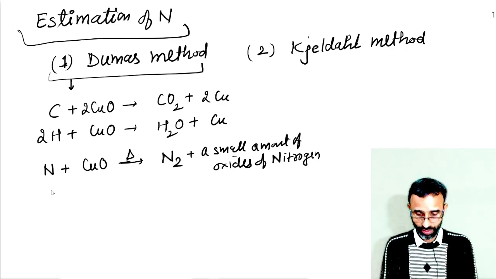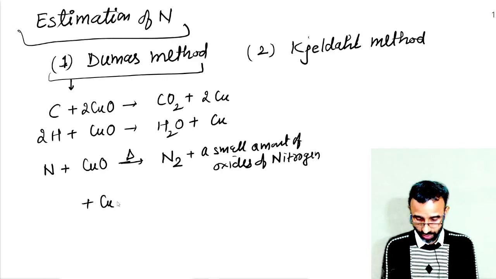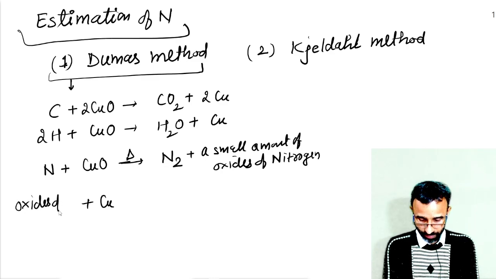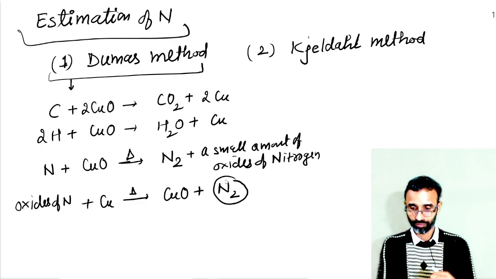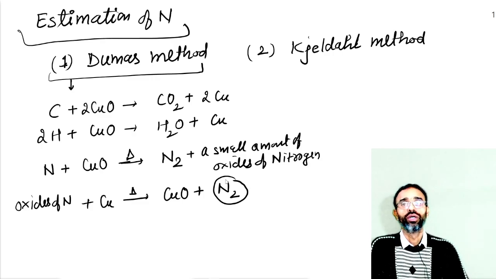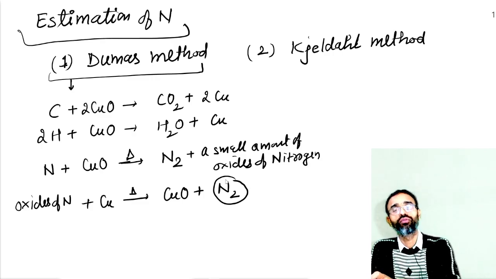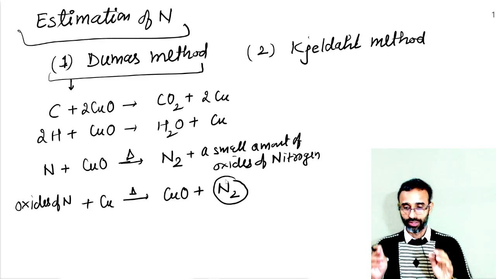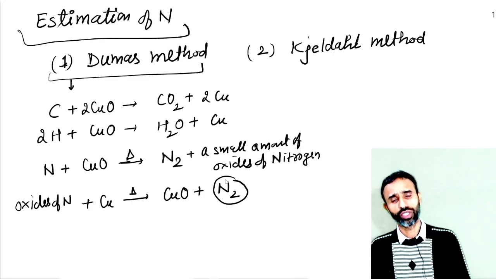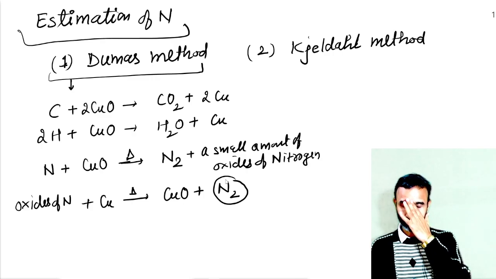But what is the use of the reduced copper? Already we have done. Yes, sir. Oxides of nitrogen, when they come in contact with reduced copper, we get nitrogen gas again. So again there is a cylinder of KOH. Now KOH is a good absorber of carbon dioxide.